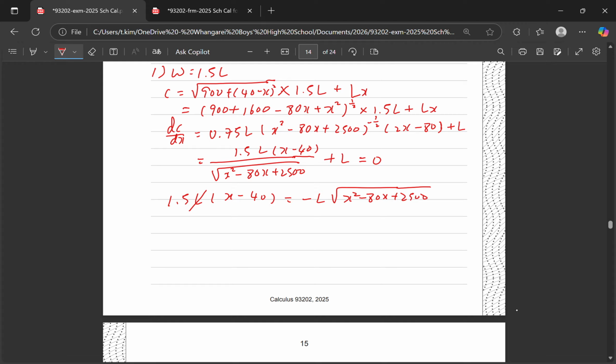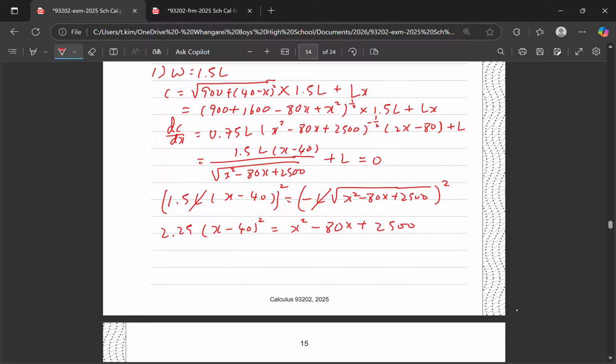First of all, I can get rid of L, and then I square it to get rid of the square root. So 1.5 squared is 2.25, and it goes x minus 40 squared equals, simply getting rid of the square root, x squared minus 80x plus 2,500.